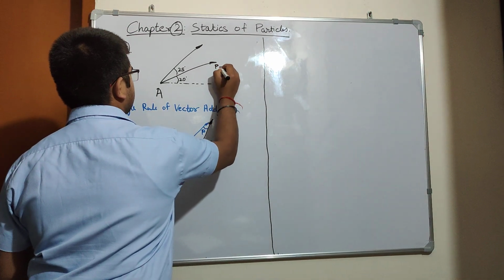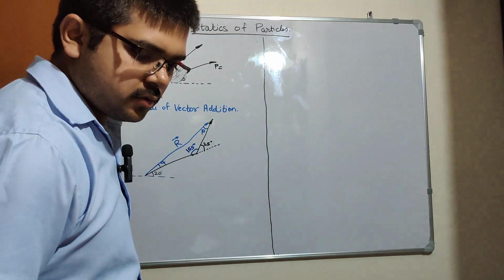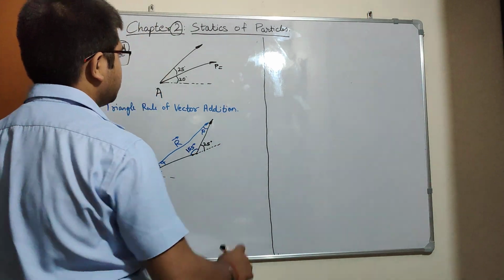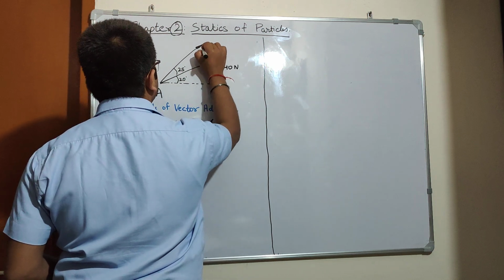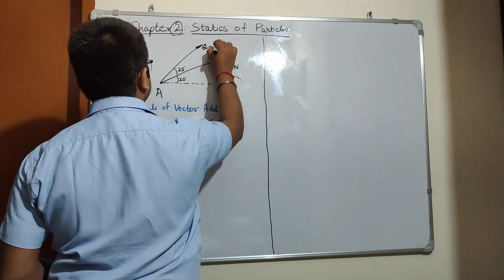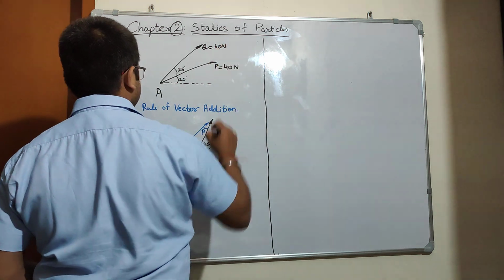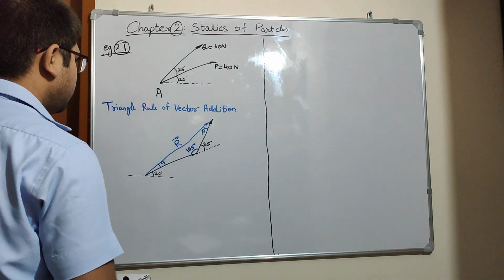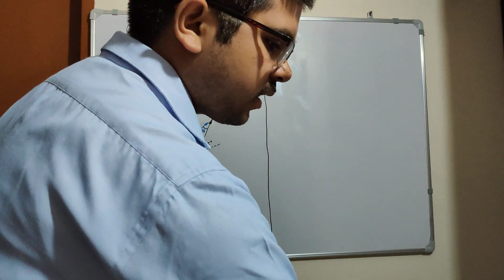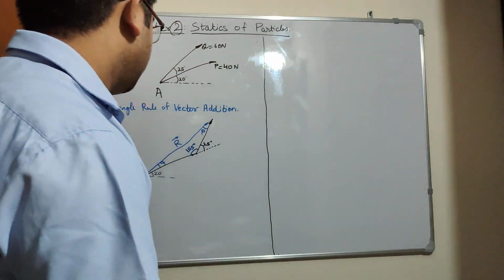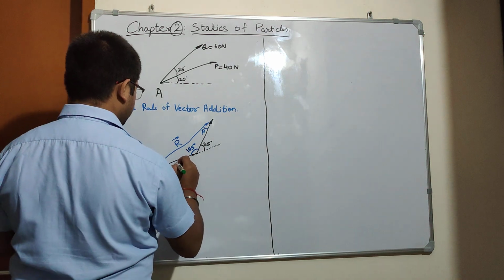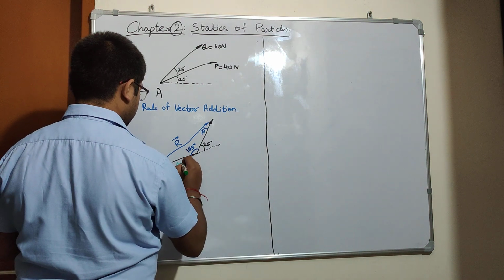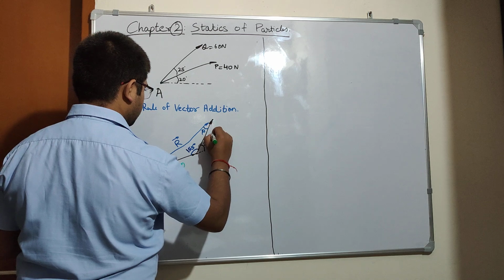So this is P equals 40 Newton. This is Q equals 60 Newtons. So we can write here their magnitude. This is 40 and this is 60.